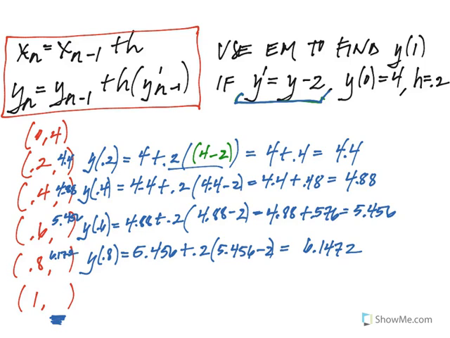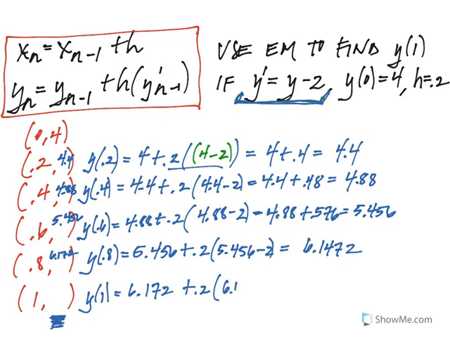All right, you're free to pause that if you need to. I'm ready now to get the y value that I'm looking for on the original curve, and I'm going to go through this one more time. Now I've got y of 1 being equal to the previous y value, 6.172, plus my step, which is 0.2, times the slope at the previous point. Again, I'm going back to use this formula right here.